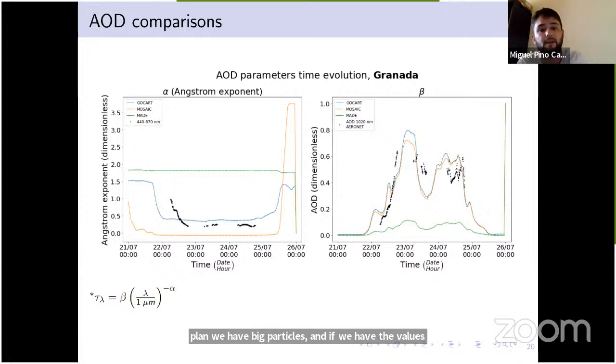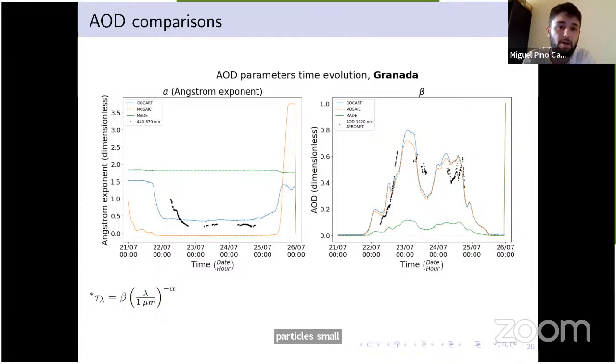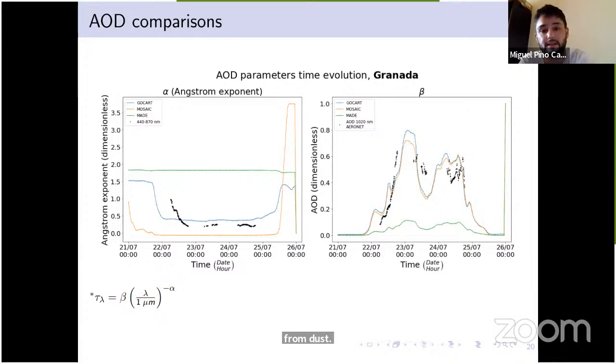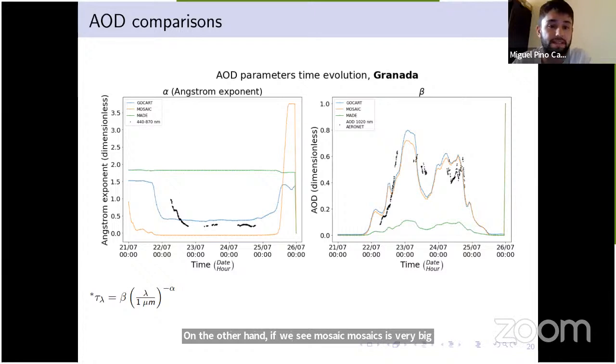With this in mind, we can see that MADE sees small particles, more proper of urban aerosols than of dust. On the other hand, MOSAIC sees very big particles, of a size quite bigger than the observed one.